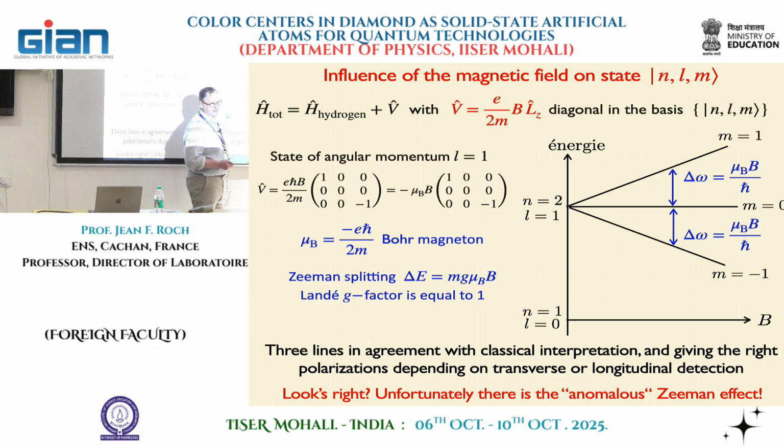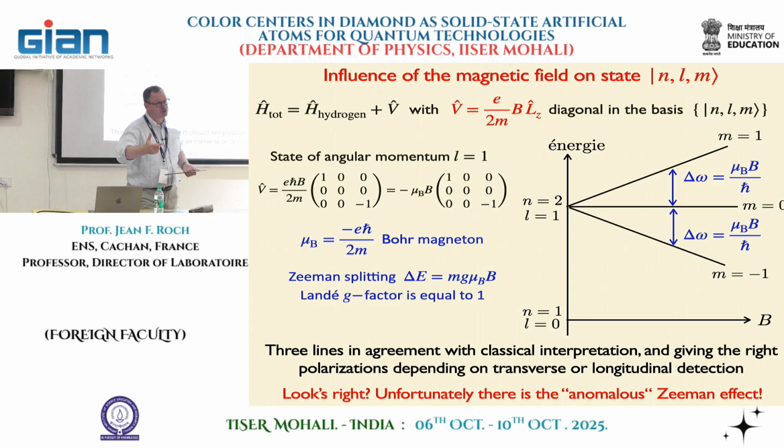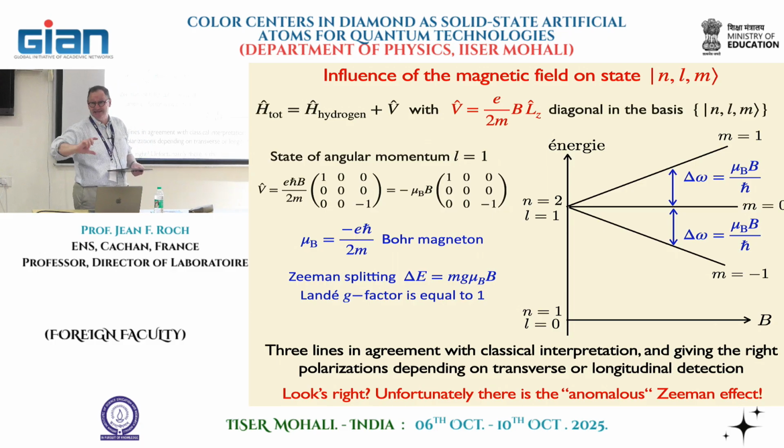For this one and this one, I change the m value by plus or minus 1, which means that I need a photon which can take this extra angular momentum to couple to the atom, and this explains the circular polarization that I explained for detection in the longitudinal direction. Okay, so everything works remarkably well. I have the classical computation, and now I have the quantum mechanics calculation, and they do agree.